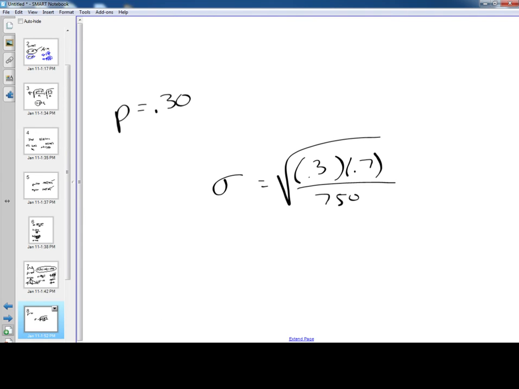How do I get rid of a square root? Square it. So standard deviation squared is equal to 0.3 times 0.7 over 750.